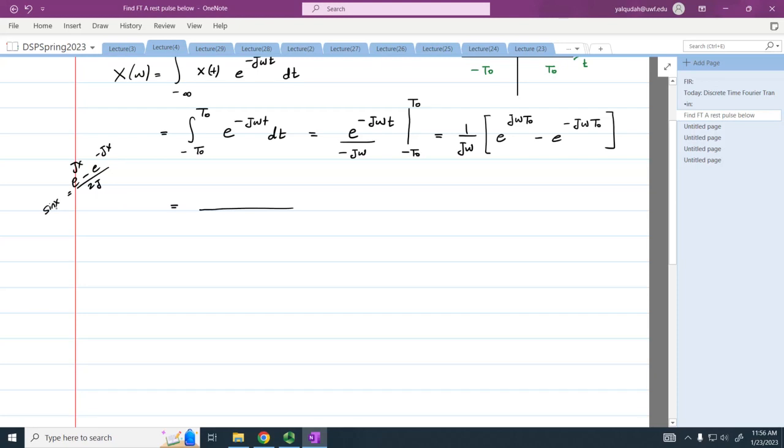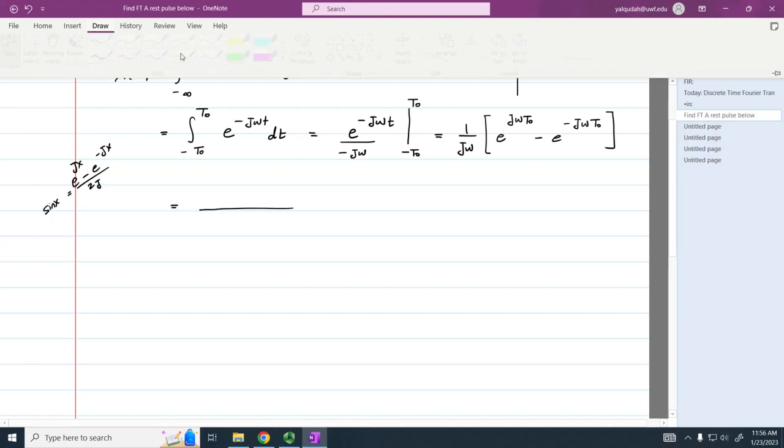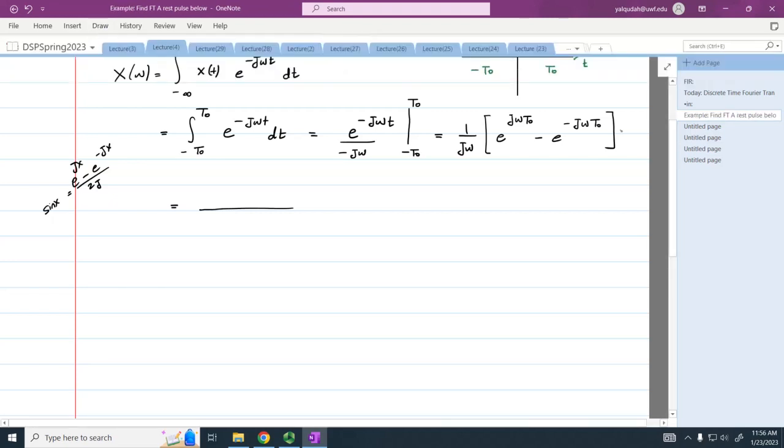But what do I need to make it a sine? I have a j. I just need a 2. So I can multiply and divide by 2. And then I'm going to get 2 multiplied by sine omega t0 divided by omega. Agree, everybody? Where it came from?